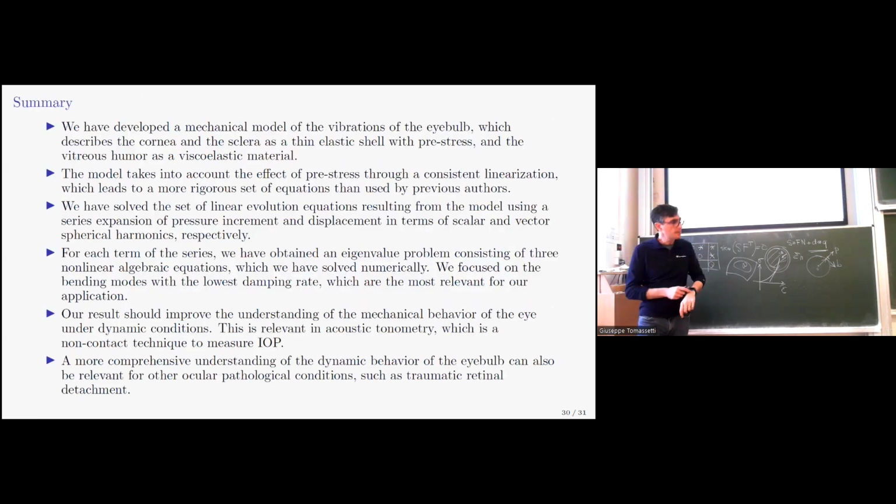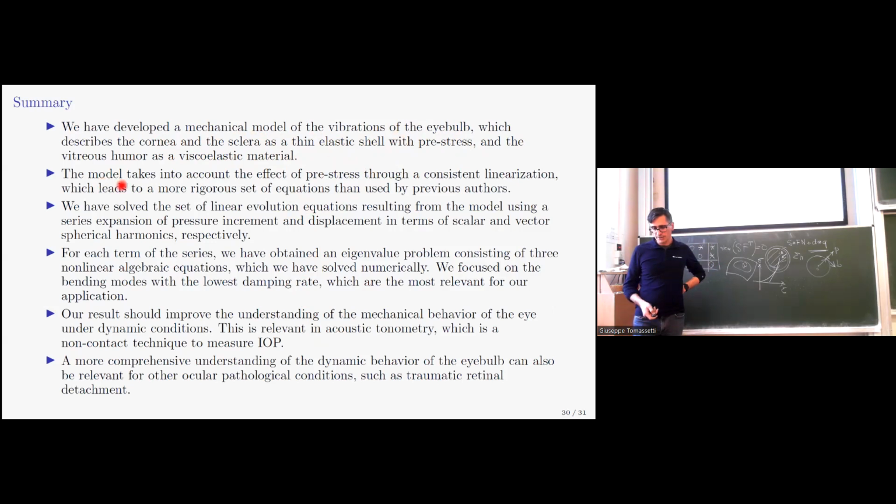Well, I think I can stop here. This is a summary of what we have done. We have developed a mechanical model for the vibration of the eyeball. The cornea and the sclera are modeled as a thin elastic shell with pre-stress. The pre-stress is due to the intraocular pressure.